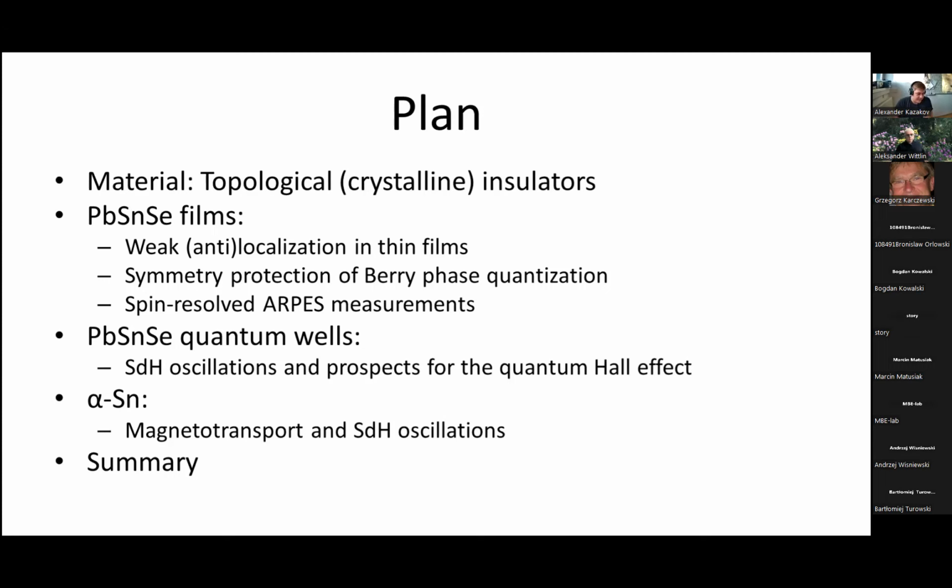And then I will talk about alpha tin, which is a crystal modification of tin, which is a semi-metal, and I will show our recent results on magnetotransport and Shubnikov-de Haas oscillation analysis.